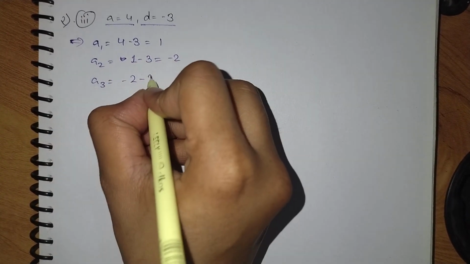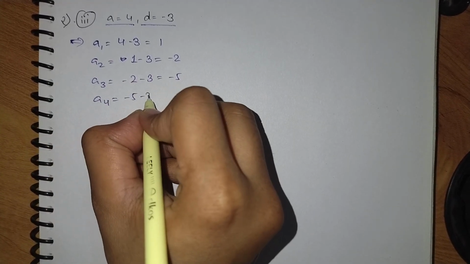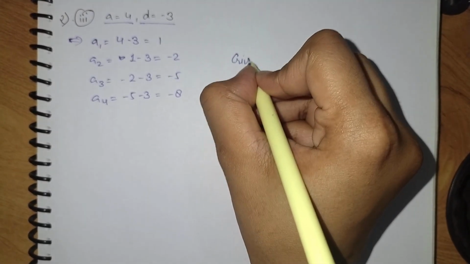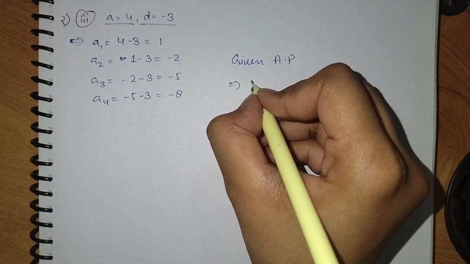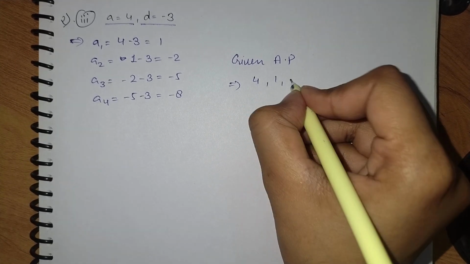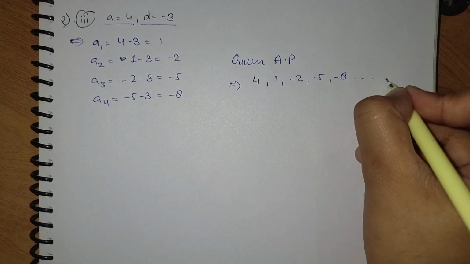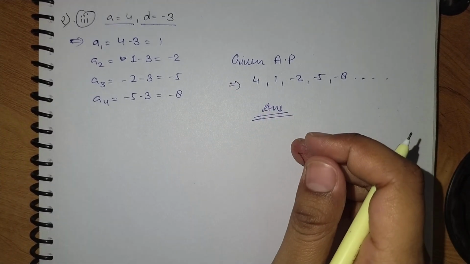A3 is minus 2 minus 3, equal to minus 5. And A4 is minus 5 minus 3, that is minus 8. So the given AP will be 4, 1, minus 2, minus 5, minus 8 and so on.